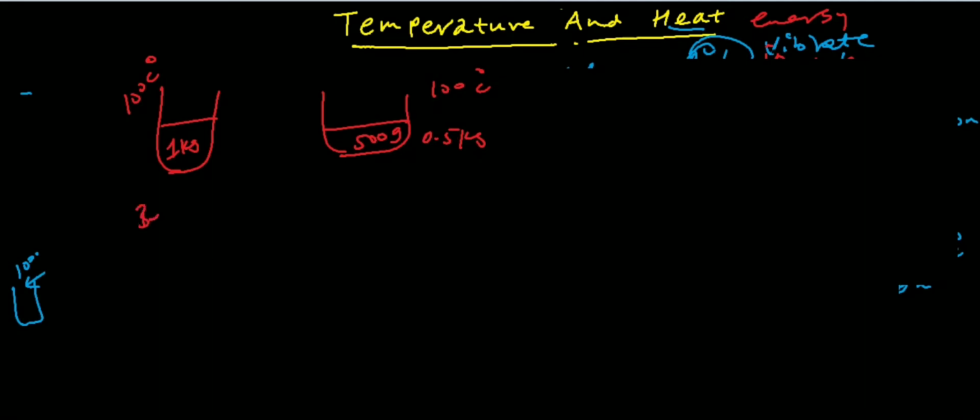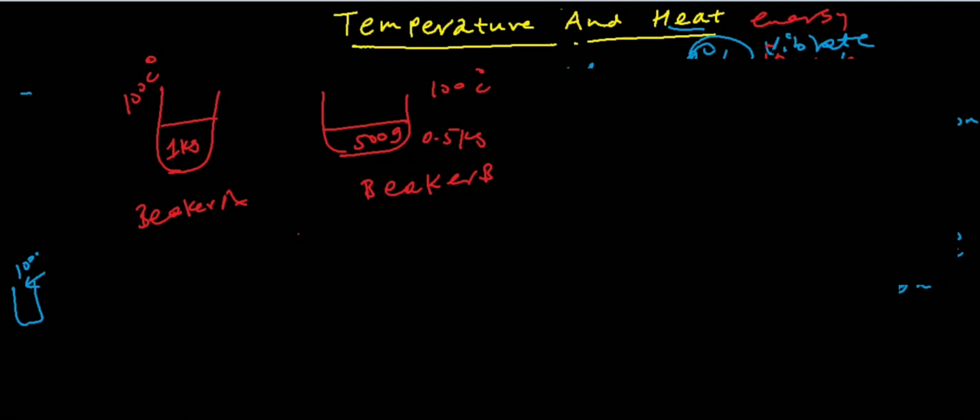This is beaker A, and this is beaker B. Imagine two beakers of boiling water. Beaker A contains 1 kilogram of boiling water, and beaker B contains 0.5 kilogram of boiling water.